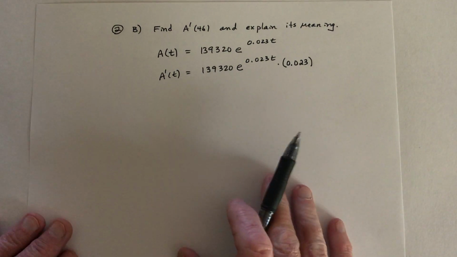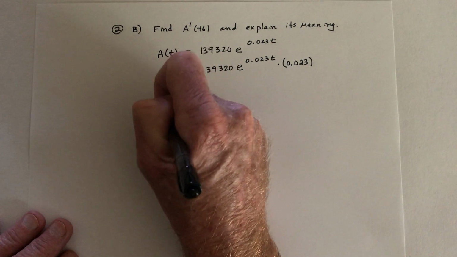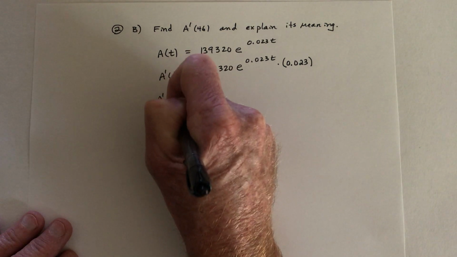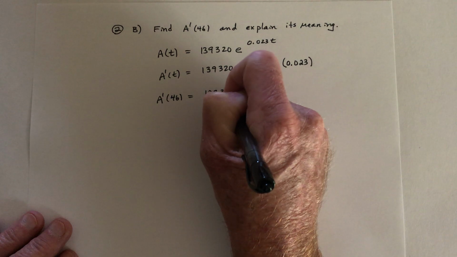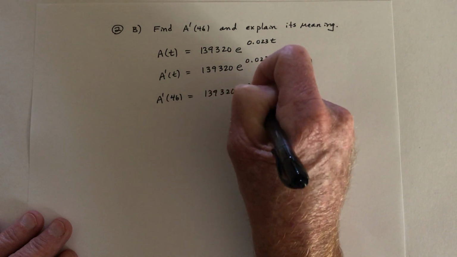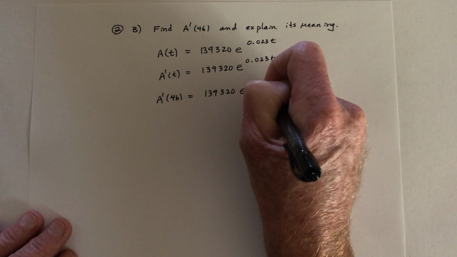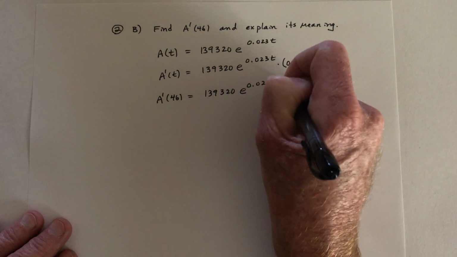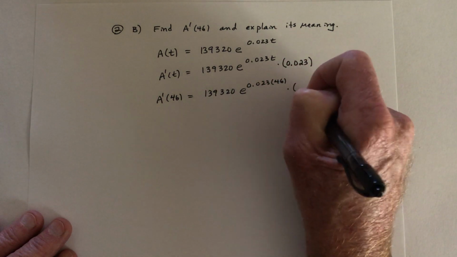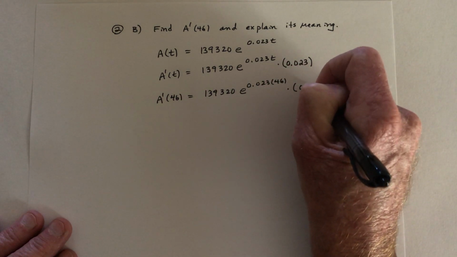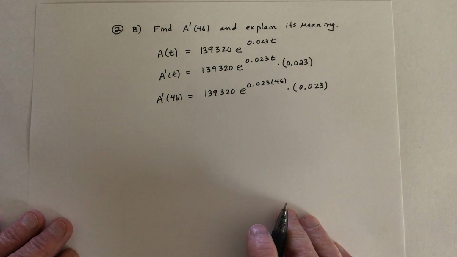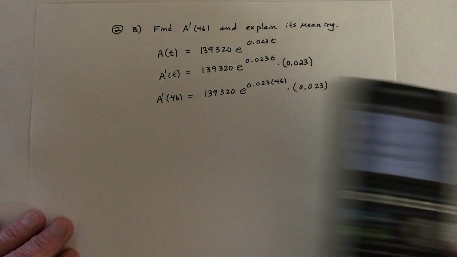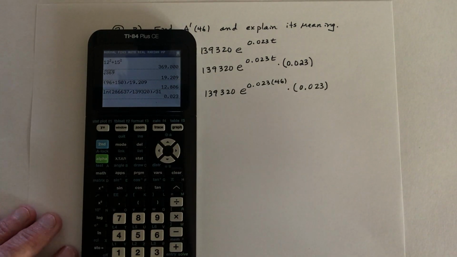Now plug in a 46. So A prime at 46 equals the same thing, and then e to the 0.023 times 46, and then multiply that with the decimal, 0.023. And then use a calculator.